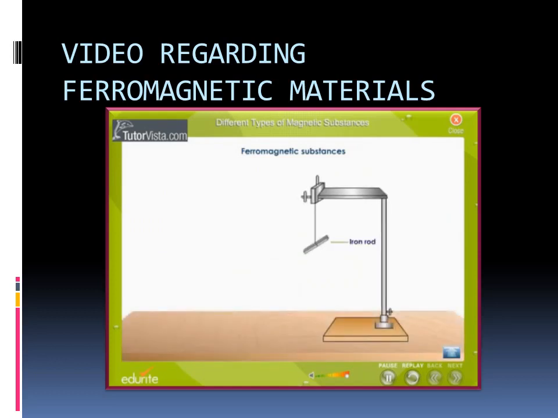If an iron rod is suspended in a magnetic field, it quickly aligns itself along the direction of the magnetic field. A ferromagnetic substance, when placed in a magnetic field, is strongly magnetized in the direction of the magnetizing field. Temperature has an adverse effect on a ferromagnetic substance. Due to rise in temperature, a ferromagnetic substance tends to lose its magnetism.